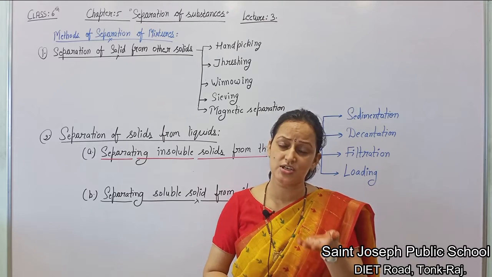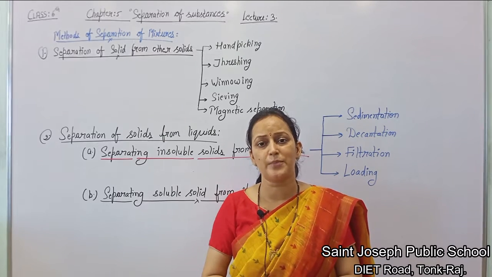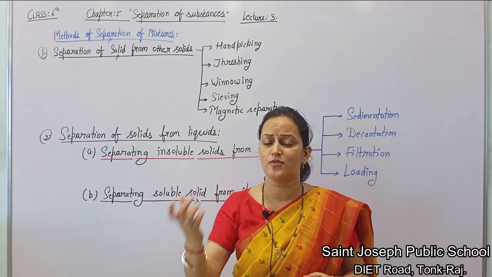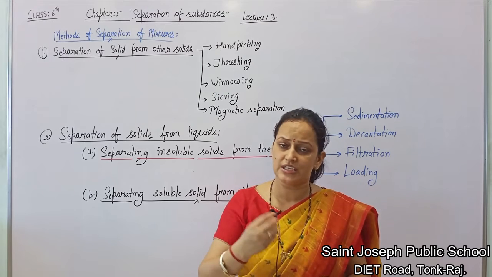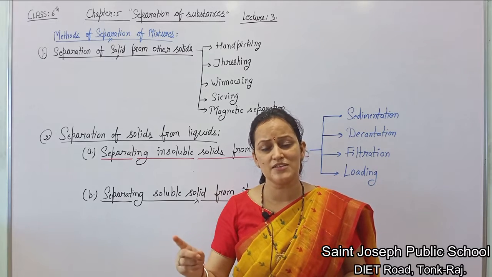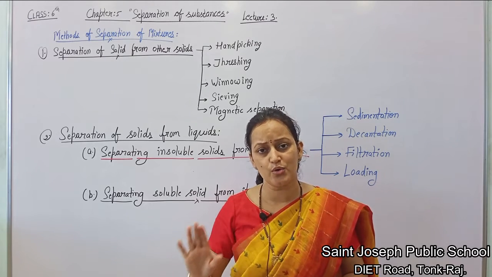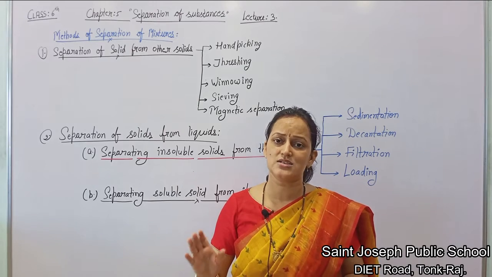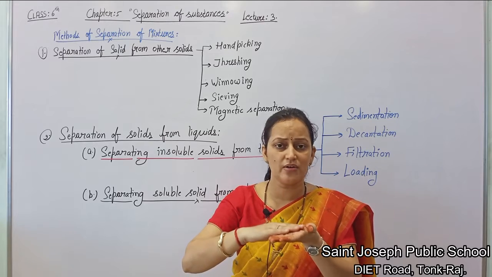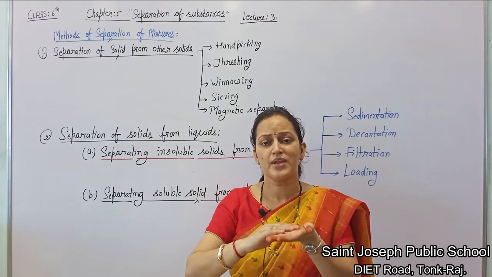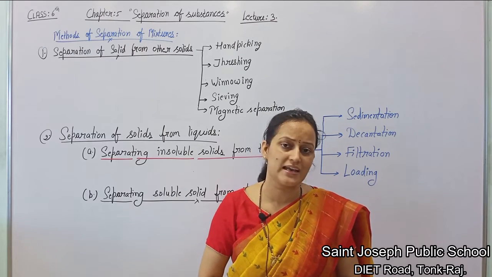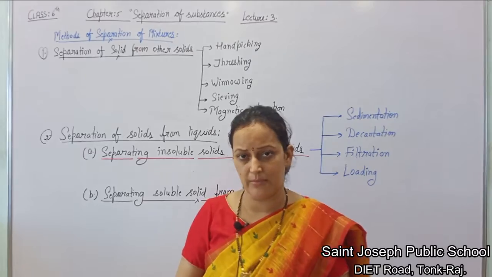The tea leaves have already given all their extract to the tea. The tea has got its color, its right taste, its flavor. Now those used tea leaves are of no use to us. So they are strained using a strainer, so that the used tea leaves remain above the strainer and the liquid tea comes down and gets collected in the cup. So this is about the sieving method.